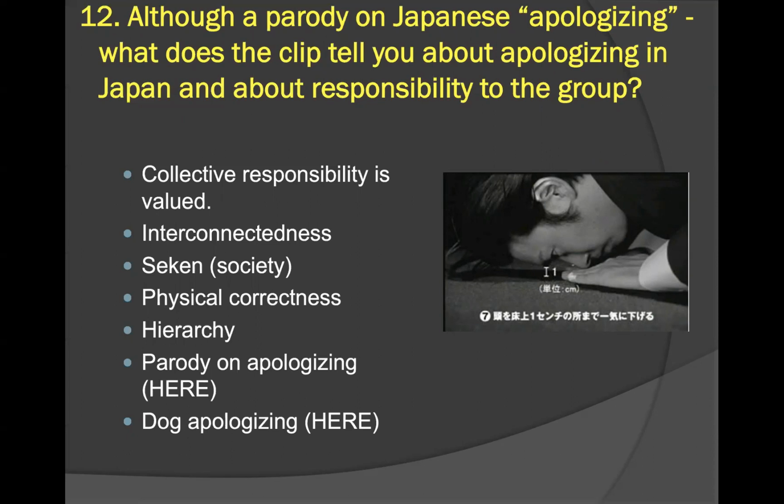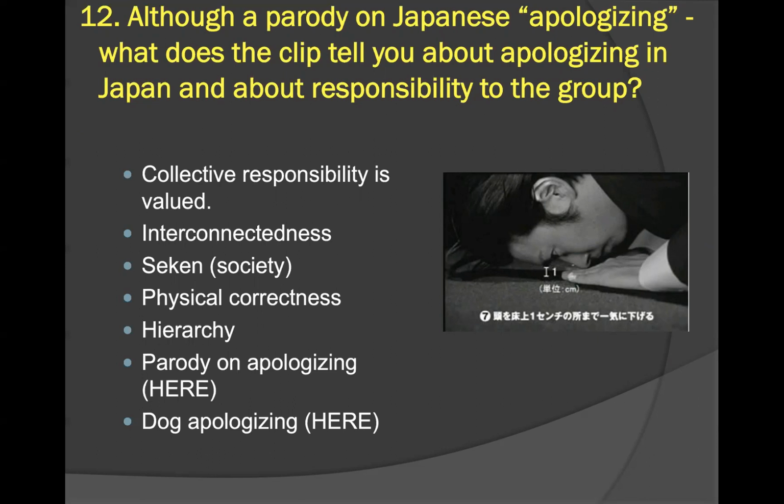But also, it is kind of a purification as well in Japanese society. To apologize means that you sort of cleanse yourself of wrongdoing. It's almost as if it's sort of a Catholic sense of going to, oh shoot, I forget, confession. Also the notion of Seken, society, comes in here, that society will not forgive you if you don't apologize.